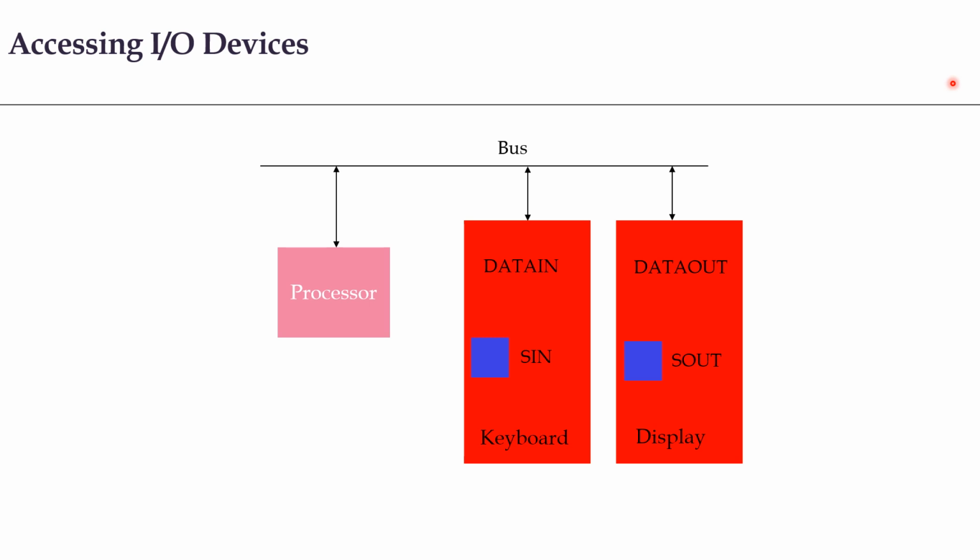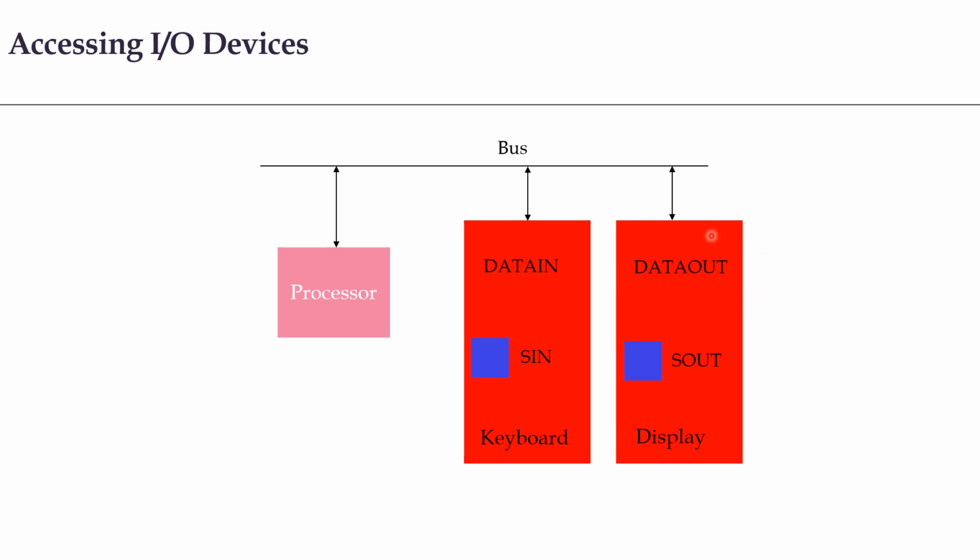A program monitors SIN, and when SIN is set to 1, the processor reads the contents of data in. When the character is transferred to the processor, SIN is automatically cleared to 0. If a second character is entered at the keyboard, SIN is again set to 1 and the process repeats.